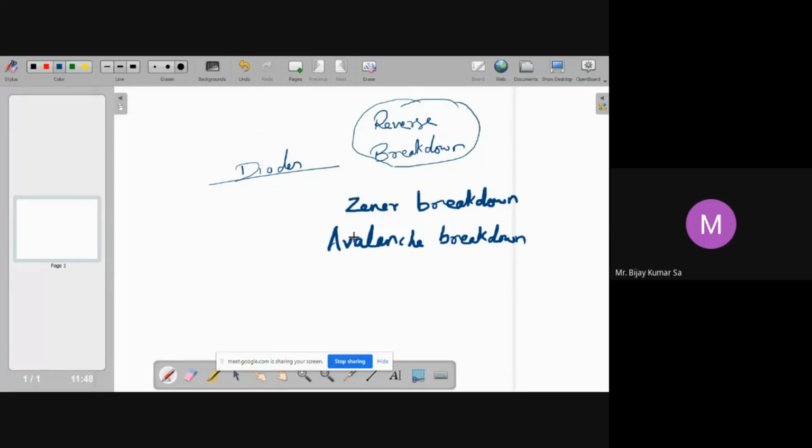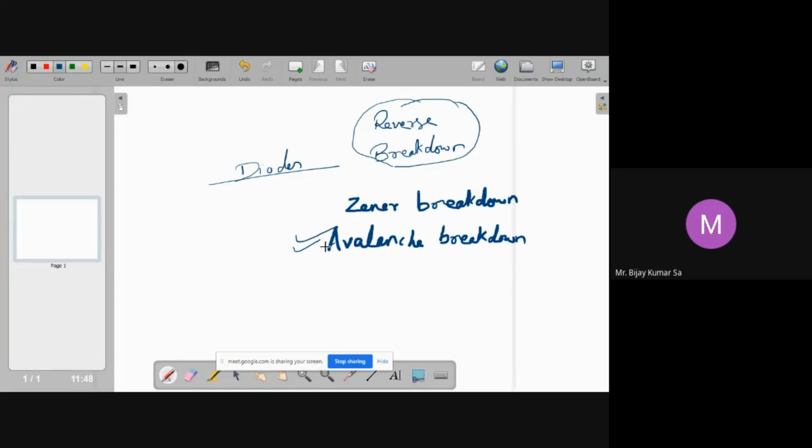Which one of these breakdowns occurs at a higher reverse bias voltage? Zener. You have to justify. Zener is not correct. Actually, it is avalanche breakdown. The avalanche breakdown takes place at a higher reverse breakdown voltage.